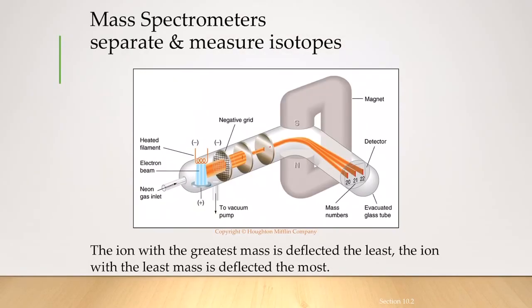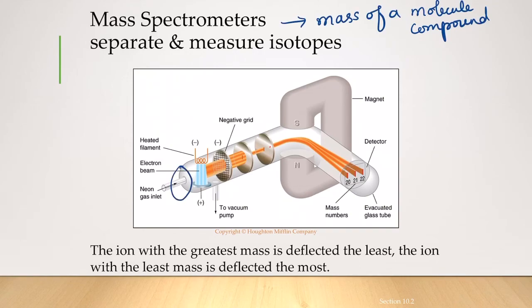The instrument that you see right here is called a mass spectrometer. The use of the mass spectrometer is to find the atomic mass, or the mass of a molecule or compound. On what basis does it work? If you have the compound and you want to find its mass, you inject the compound here, and a high energy electron beam bombards the molecule into different fragments.